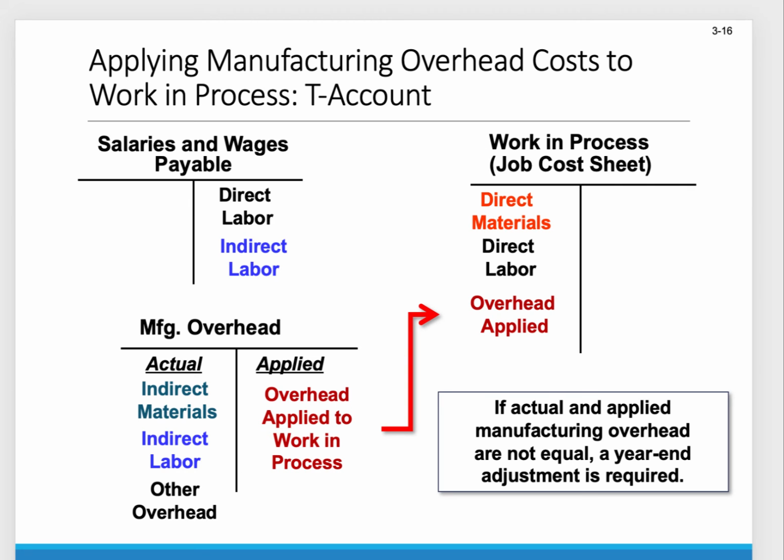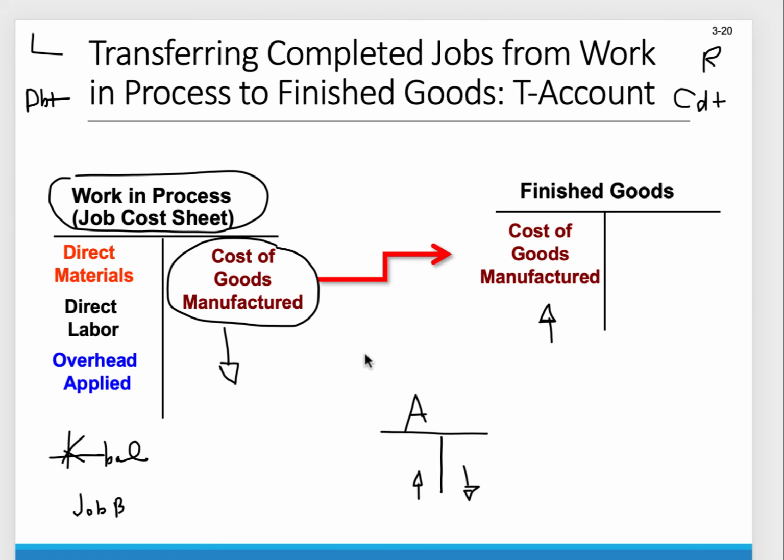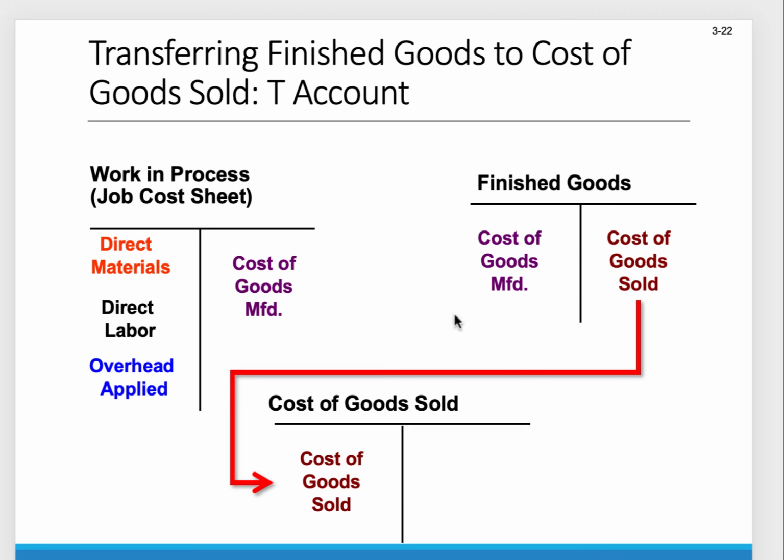Okay, and then obviously recognizing, okay, well, once these goods are completed and finished, how do we get them? Once we get them out of WIP, where do they go? They go to finished goods. This process of getting them out of WIP and into finished goods is called what? Cost of goods manufactured. Okay, and then once the goods are sold, they're sitting in our finished goods account.